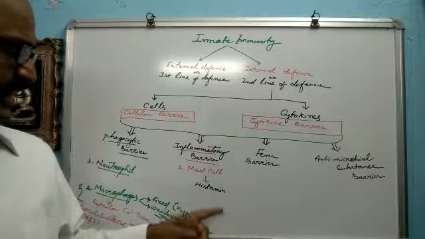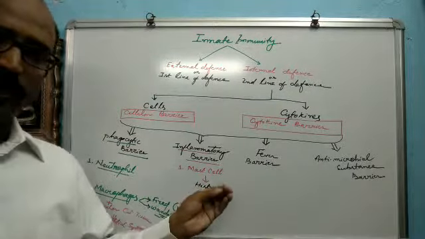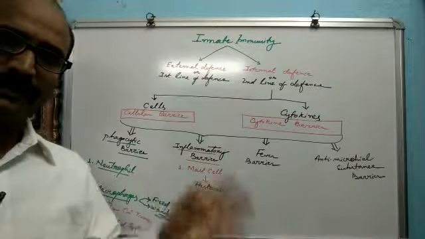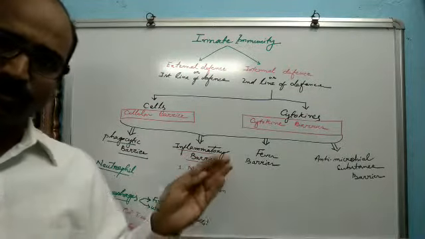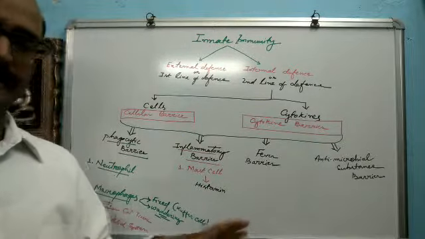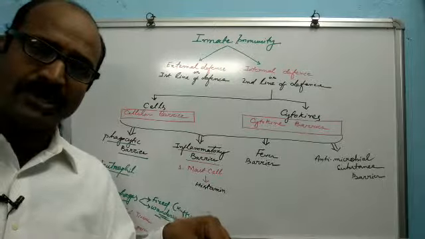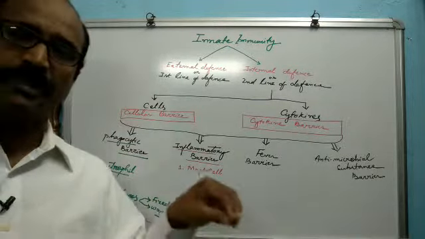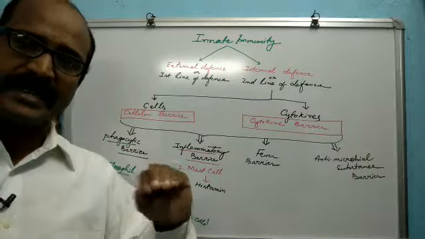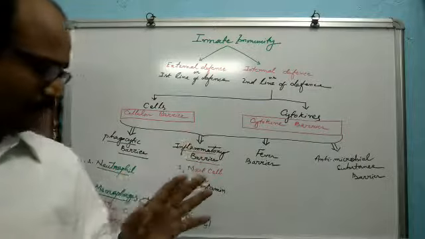Because of the secretion of the vasodilator, the blood comes out from the capillaries and blood vessels to the reaction site. That's why at the reaction site the blood pressure becomes high. Because of the high blood pressure, that site swells, known as edema.